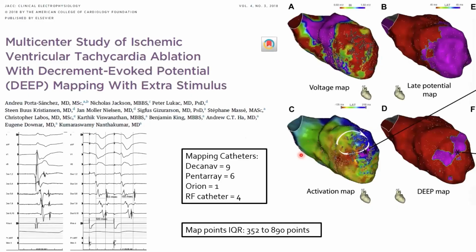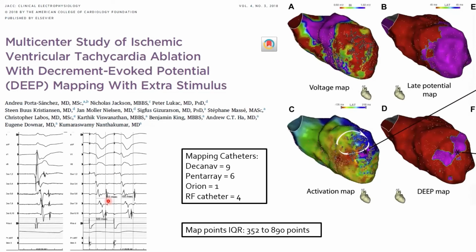So one of the first studies that looked at deep mapping was the Porter-Sanchez group, and here in the electrograms you can see a sinus beat with late potentials, and with extras, you can see the drivetrain with an S2 extra. You can see this late potential from the far field signal to the near field signal was 123 milliseconds.